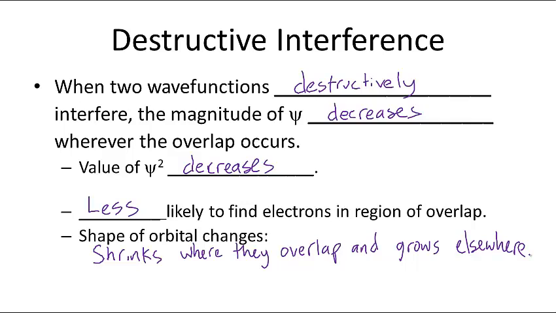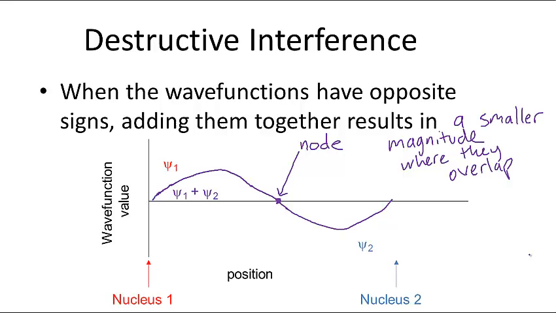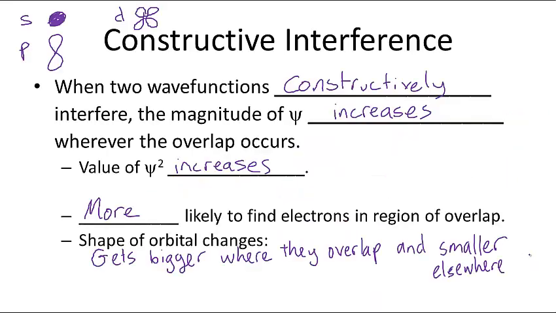But the way we represent that in our drawings of orbitals is to put in shading. So I didn't put in shading earlier here where I drew a p orbital, but a p orbital has these two lobes, and one of them would have positive phase and one of them would have negative phase. So usually when we draw a p orbital, we shade in one side of it, because there's a node right down the middle, and when you cross that node, the wave function goes from positive to negative.